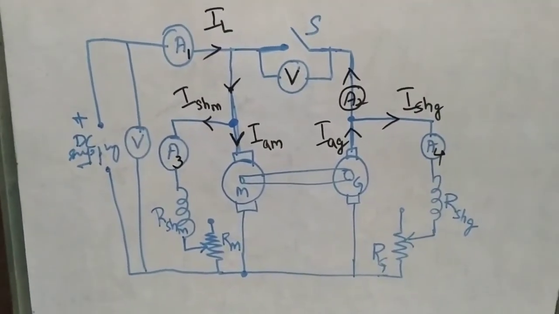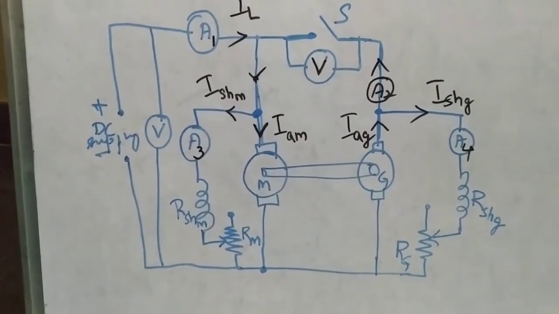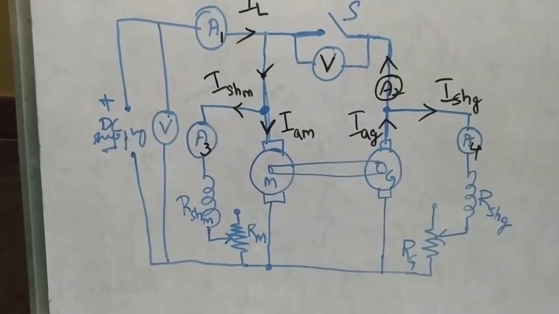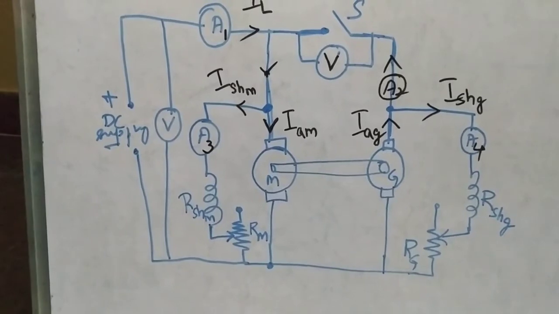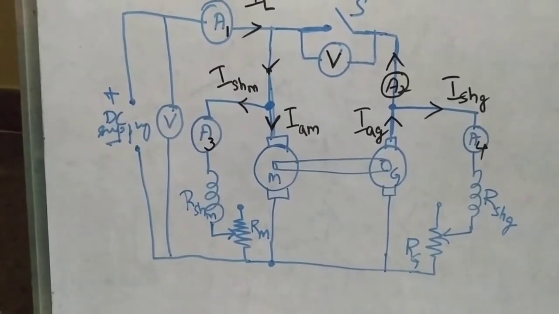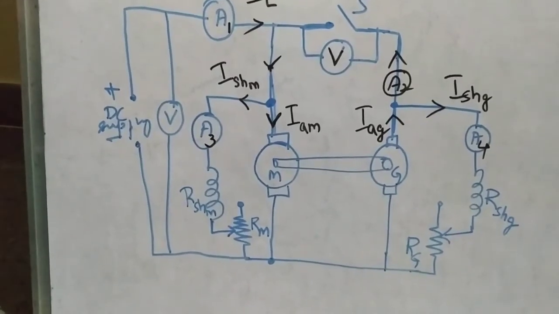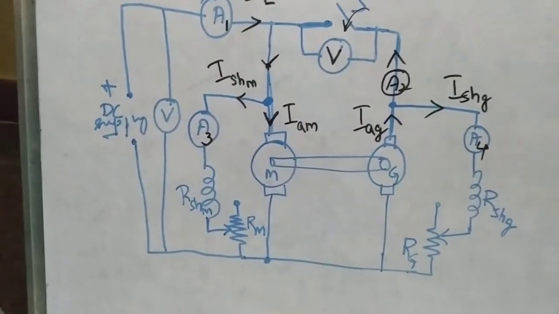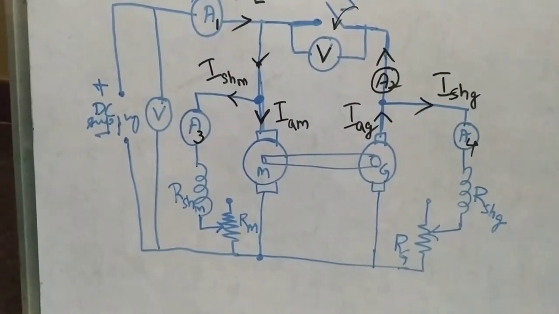Once it reads 0, it indicates that the generator voltage has the same magnitude and polarity as the supply voltage. This indicates that we prevent a heavy circulating current from flowing into this loop of the armature. Then only can we close the switch. Once the voltmeter reads 0, only then are we going to close the switch.